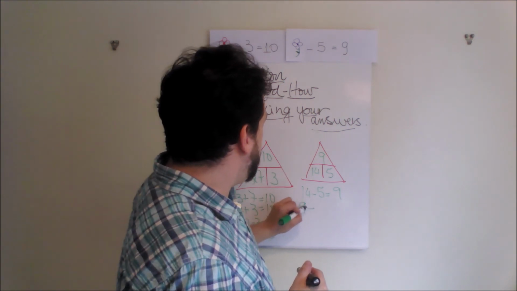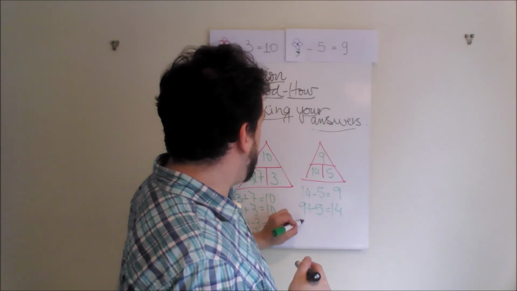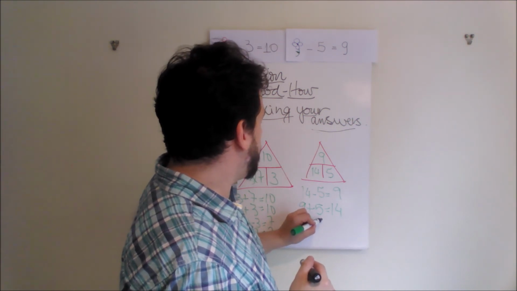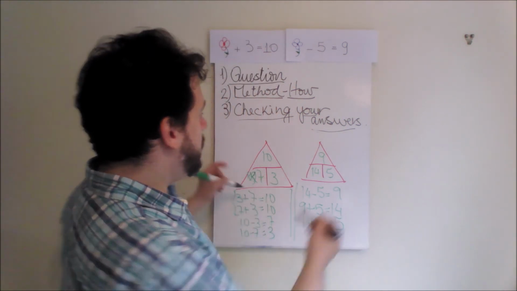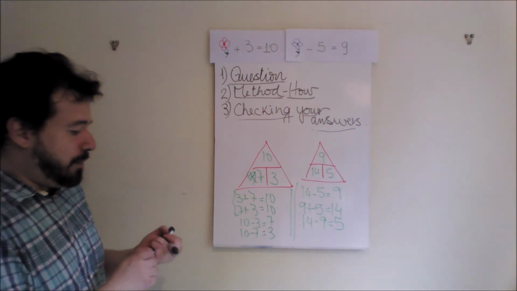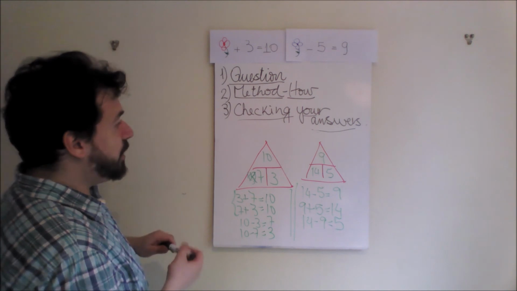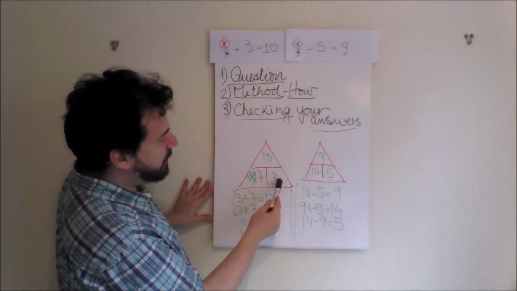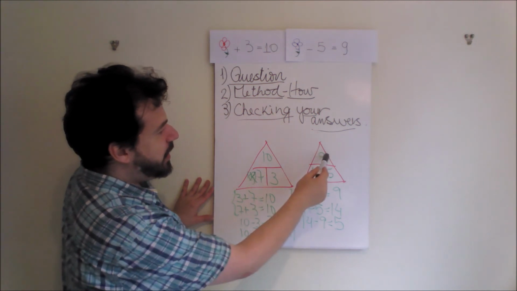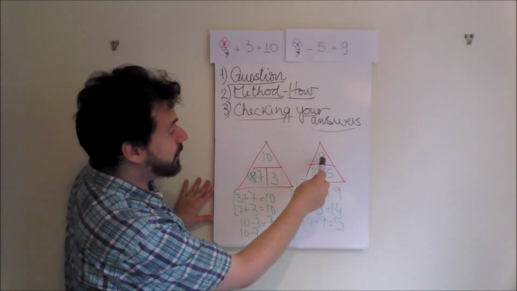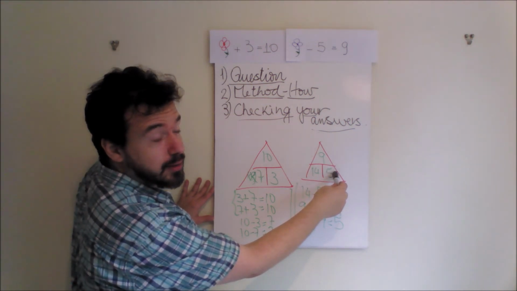9 add 5 equals what? 14. 14 take away 9 equals 5. So you have how to check your answers. Remember, when you're taking away, it's different, because 10 take away 7 will be 3. 10 take away 3 will be 7. 9 add 5 will be 14.